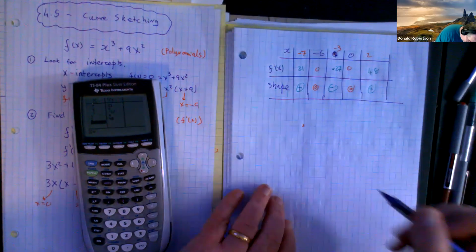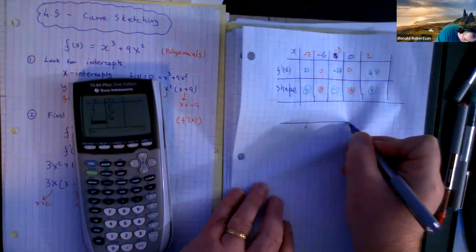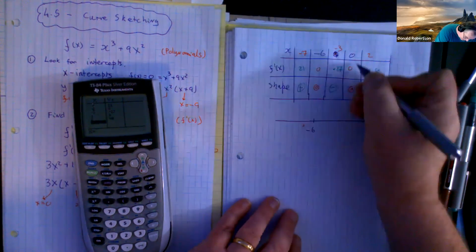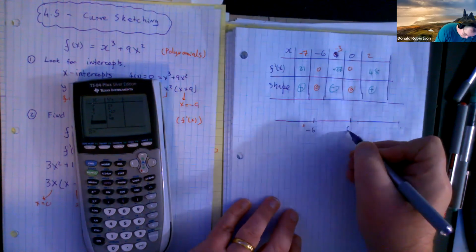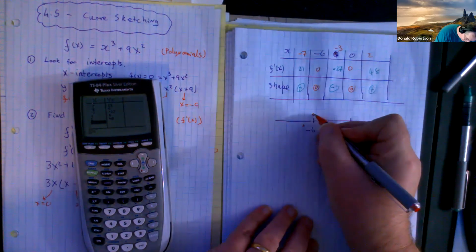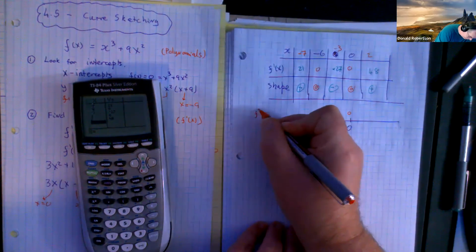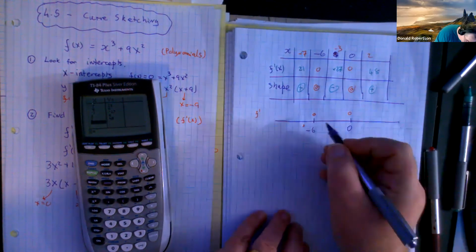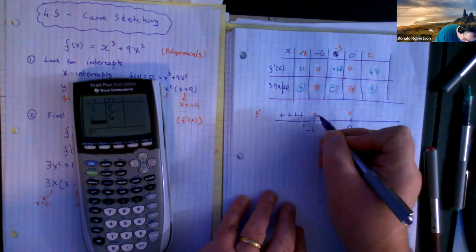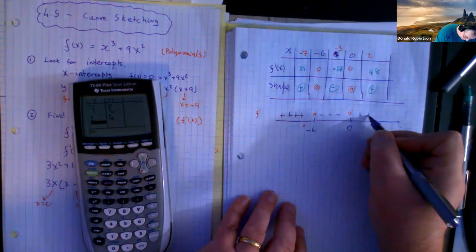And again, I draw a number line and I only identify the critical numbers. And in the critical numbers, the derivative was 0. And we put in a plus here, so all of these are plus, negatives in the middle, pluses at the end.